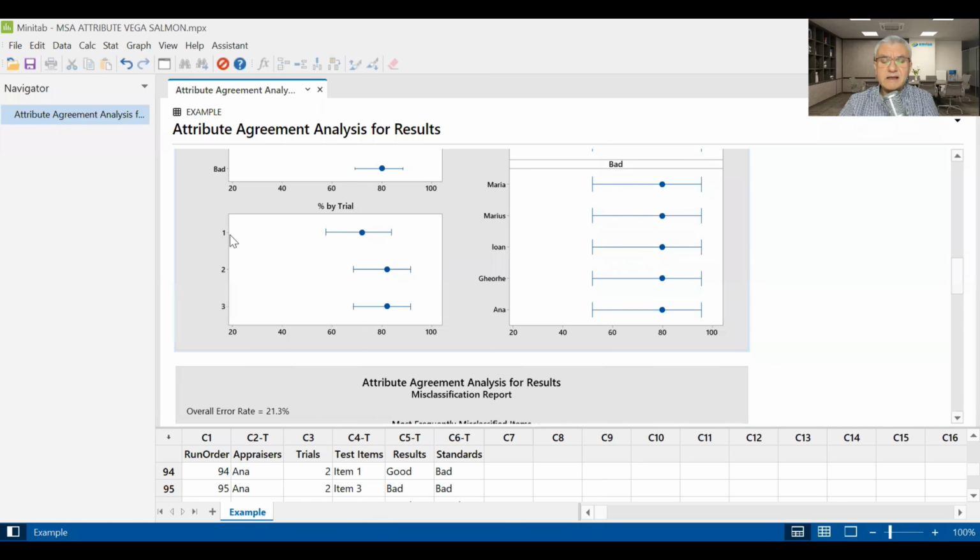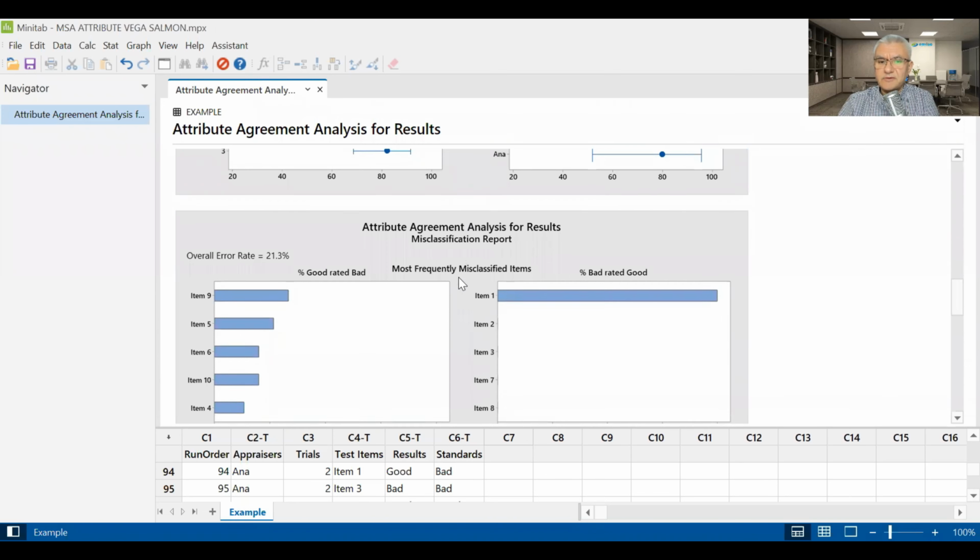Percentage by trial meaning for the first, second, and third round of trials, how the appraisers acted as a team. And we have here, during the first trial, they had an accuracy of 72%, the estimate. During the second trial, it was a little bit better, as a team, 82%. During the third trial, 82%.